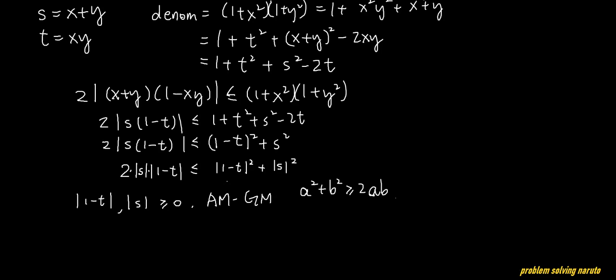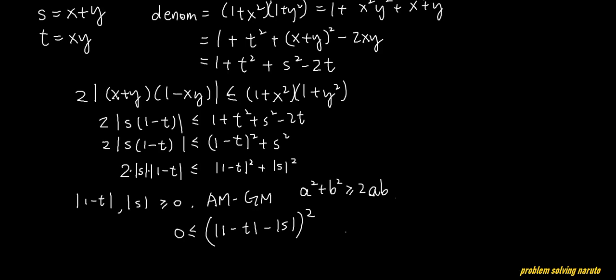In other words, if you want, you can just complete the square, where you put this on the right hand side and complete the square. Okay, so that solves the inequality.